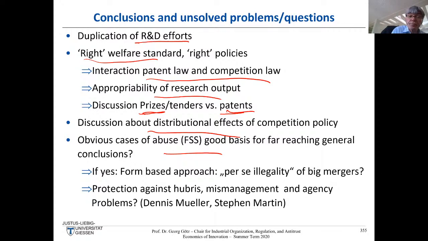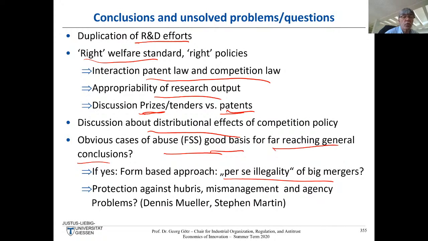Federico, Scott Morton, and Shapiro used cases where it was obvious that we have abuse, and they draw rather far-reaching general conclusions. If we follow these conclusions, we would just declare these big mergers per se illegal.